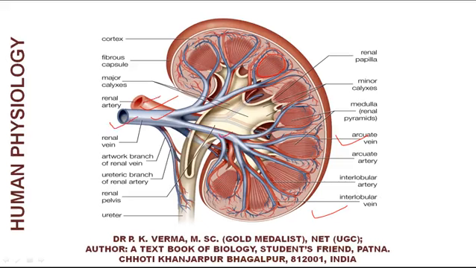Similarly, the renal artery divides into a number of interlobar arteries, and these interlobar arteries form the interlobular arteries, arcuate arteries, afferent renal arteries, efferent renal arteries, and peritubular capillaries.